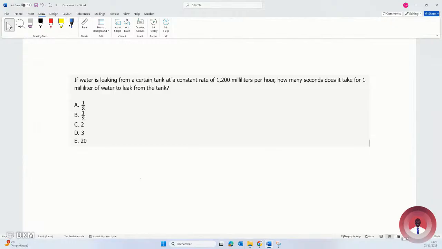If water is leaking from a certain tank at a constant rate of 1,200 milliliters per hour, how many seconds does it take for 1 milliliter of water to leak from the tank? How many seconds for 1 milliliter?